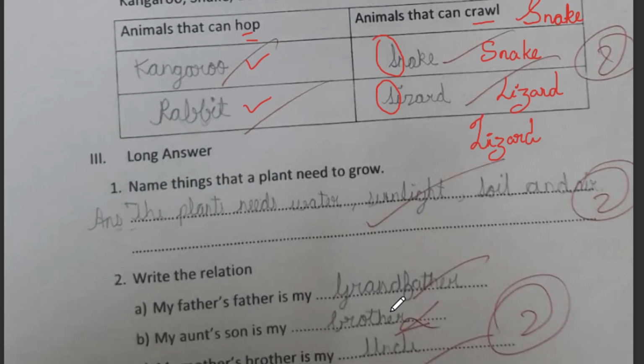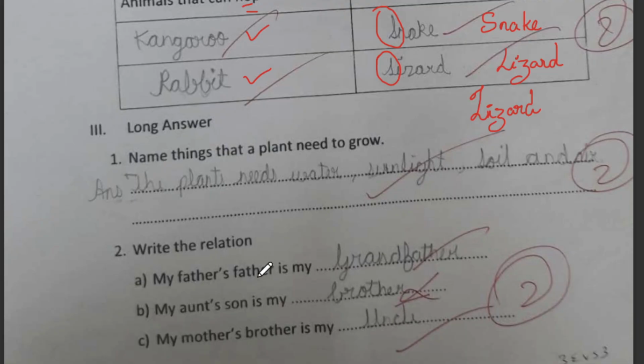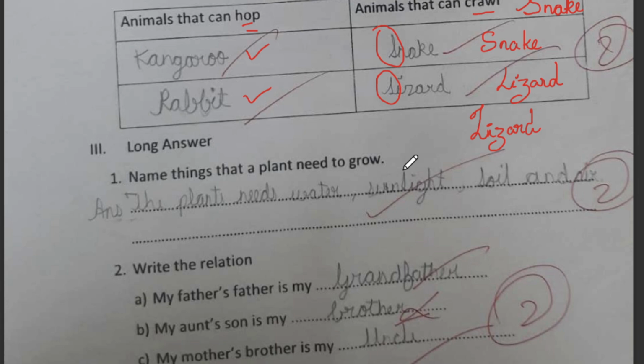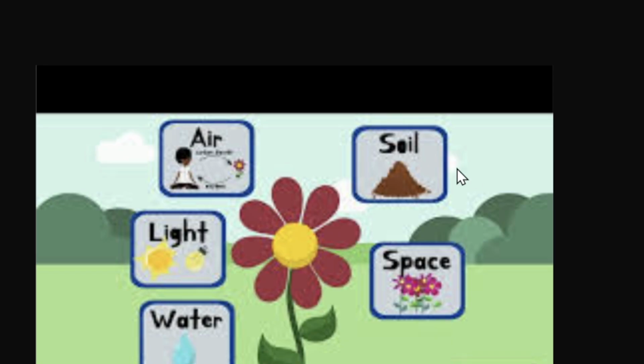Okay, next one. Long answer. Name the things a plant needs to grow. So what all things does a plant need to grow? We already discussed this in the EVS lesson. First we will see what all the things a plant needs to grow along with the diagram, and then we'll come to this answer. Now look at this image.